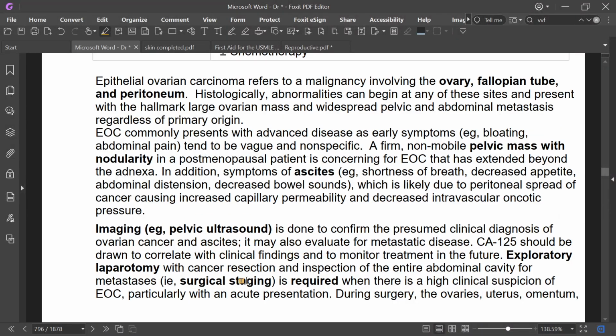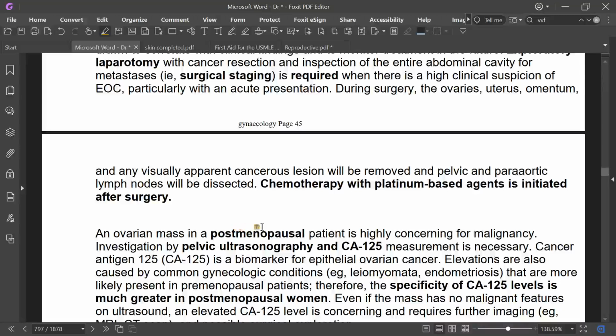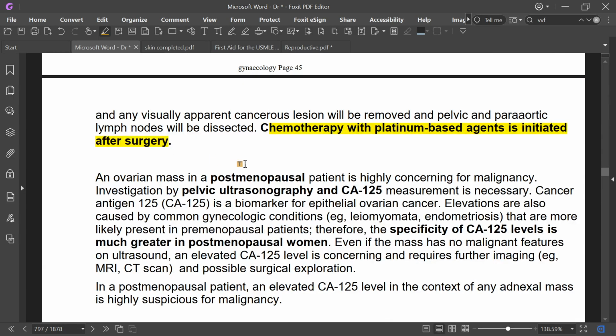Imaging with pelvic ultrasound and exploratory laparotomy should be done, and surgical staging is required. Chemotherapy with a platinum-based agent is initiated after surgery. An ovarian mass in a postmenopausal patient is highly concerning for malignancy. Pelvic ultrasound and CA125 measurement are necessary. This is high yield.